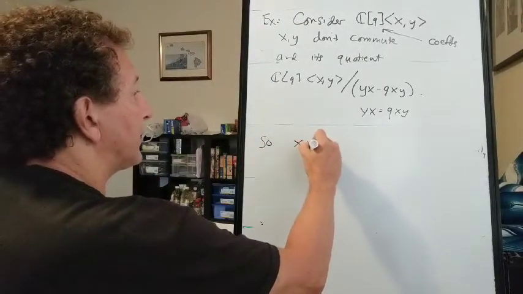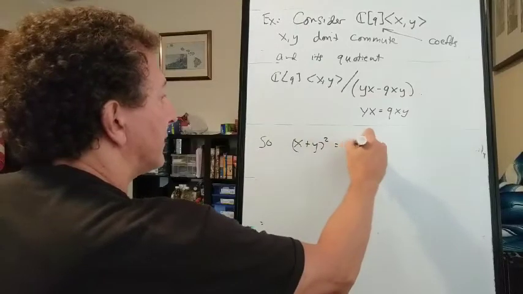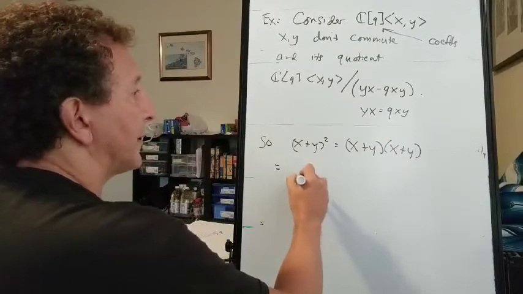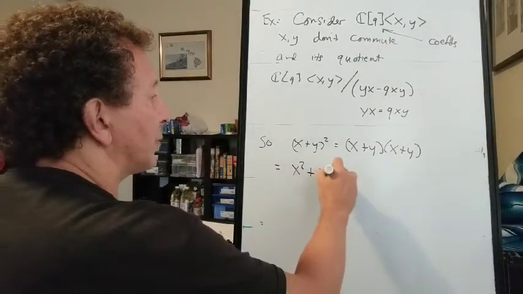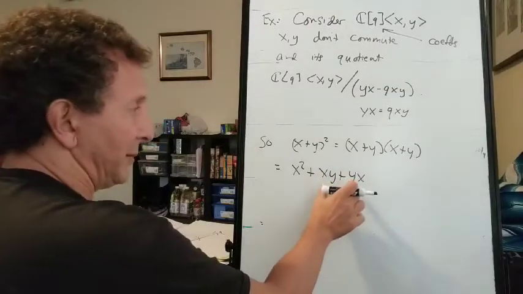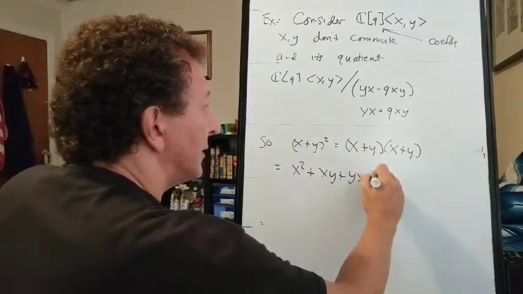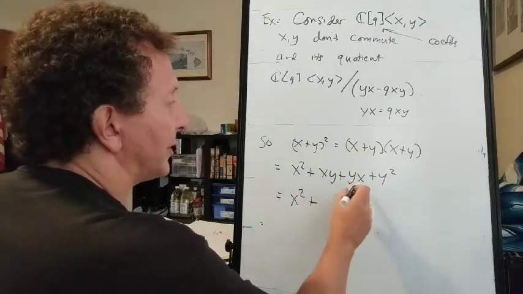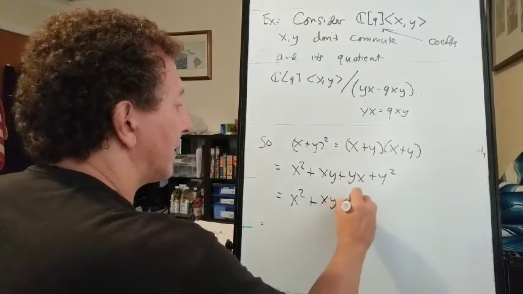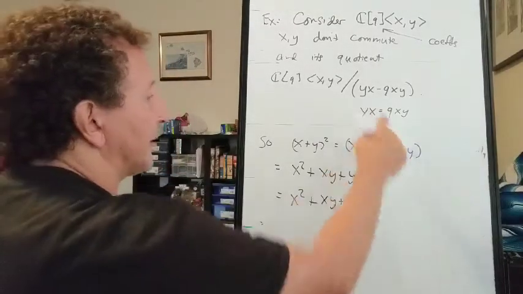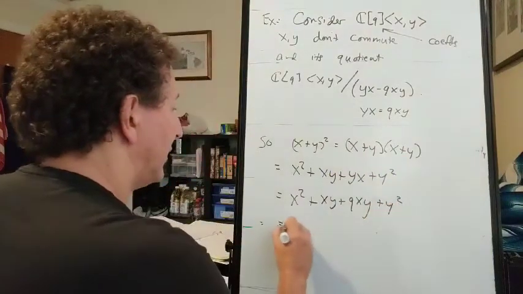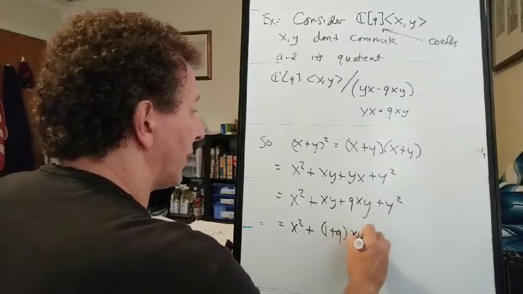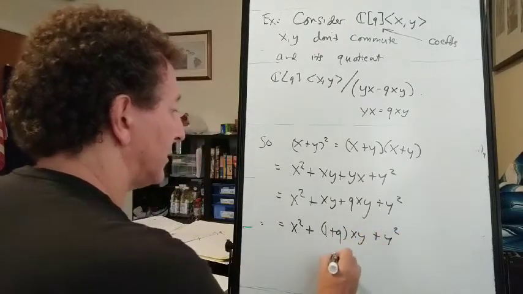So if we look at x plus y squared, that's x plus y times x plus y. That is x squared plus xy plus yx, which we can't immediately combine because x and y don't commute, plus y squared. We get x squared plus this yx becomes qxy by this relation, plus y squared. So that's x squared plus 1 plus q times xy plus y squared.